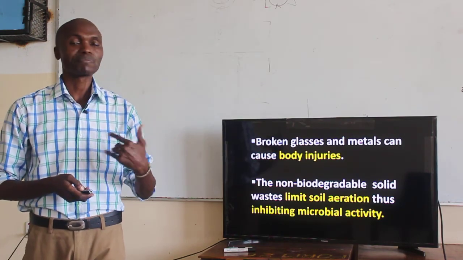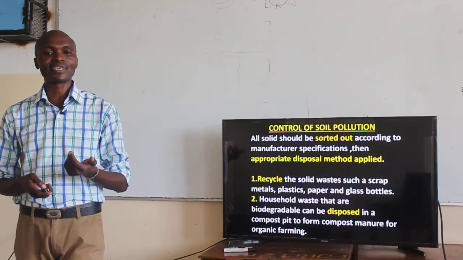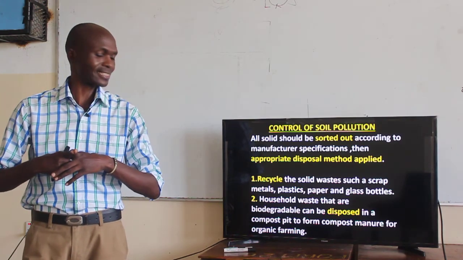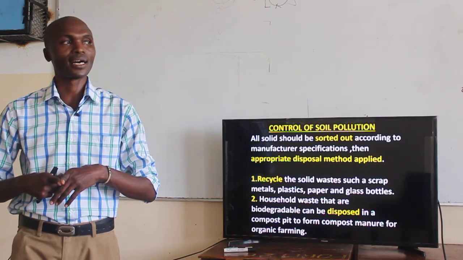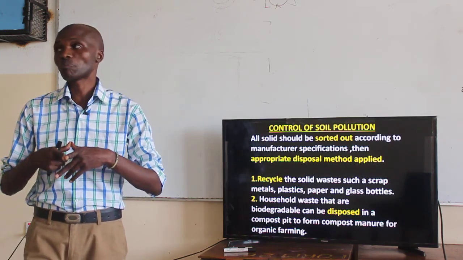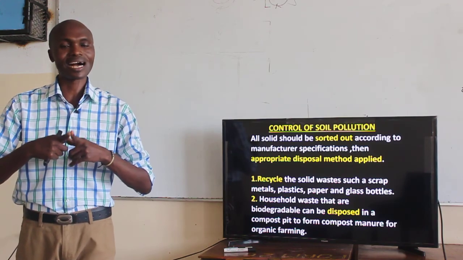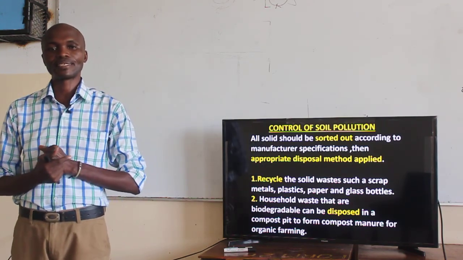Consequently, we are likely to have poorly aerated soils, meaning poor soil structure and obviously reduced soil activity.